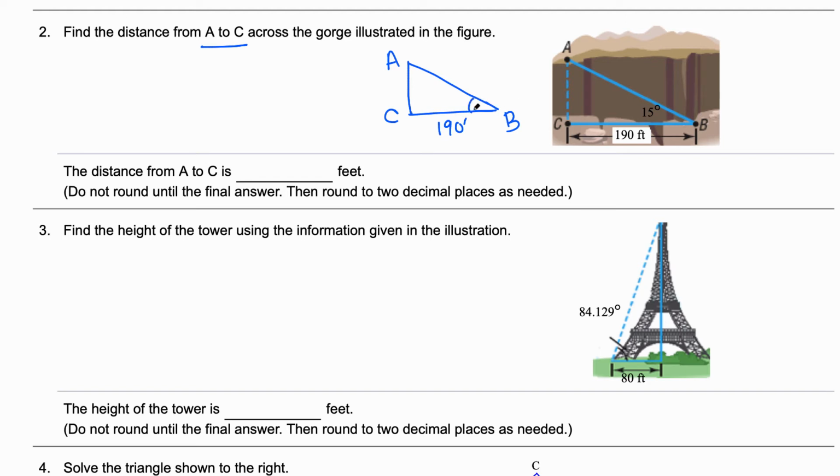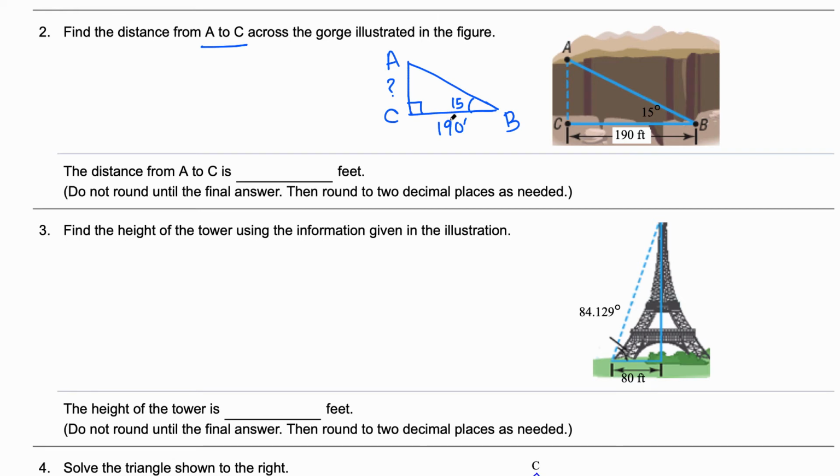This angle is 15 degrees. And we are asked to determine the distance AC. Now this is a right triangle, because this is vertical. Looking at this, this is adjacent, this is opposite. So we are asked to find the opposite.